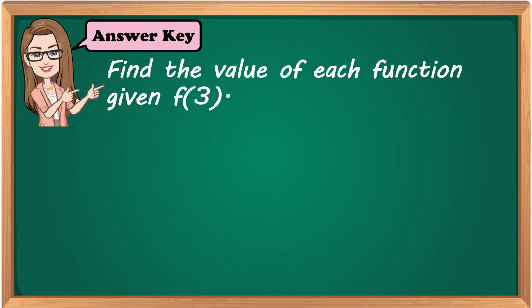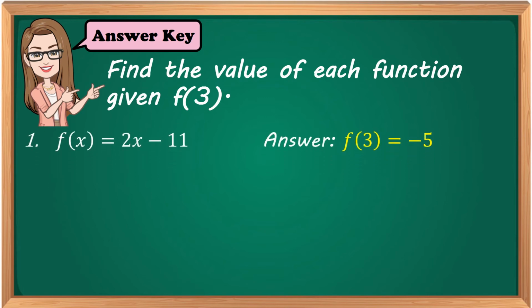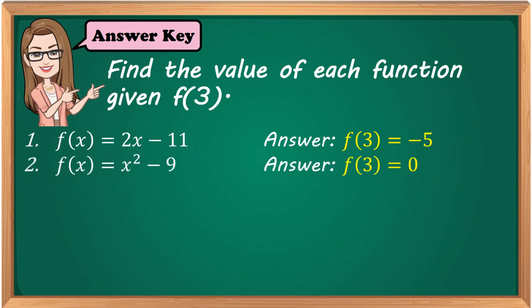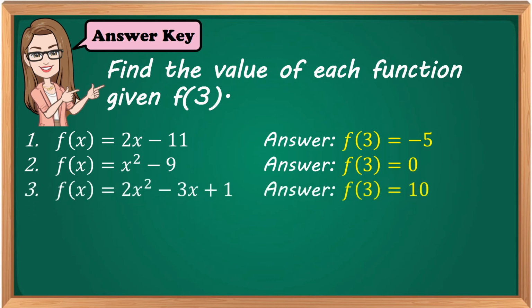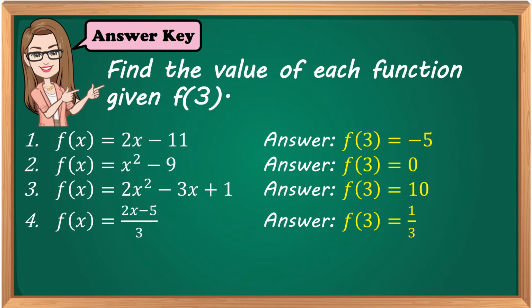So same value, we have f of 3 and we have number 1, the function is f of x is equal to 2x minus 11 and the answer is negative 5. For number 2, our f of 3 is equal to 0. For number 3, we have 10. For number 4, we have 1/3.